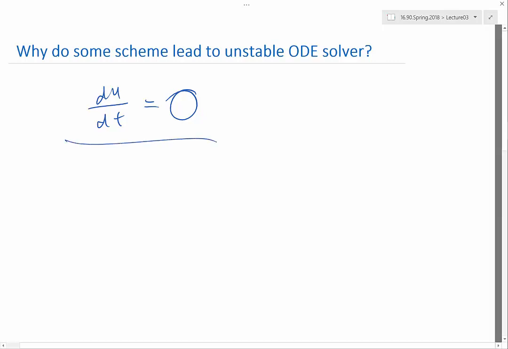So the eigenvalue instability that happens for the midpoint rule is a milder instability. First of all, it only happens to some equations. It doesn't happen to all equations, right? Different schemes would encounter eigenvalue instability for different ODEs.